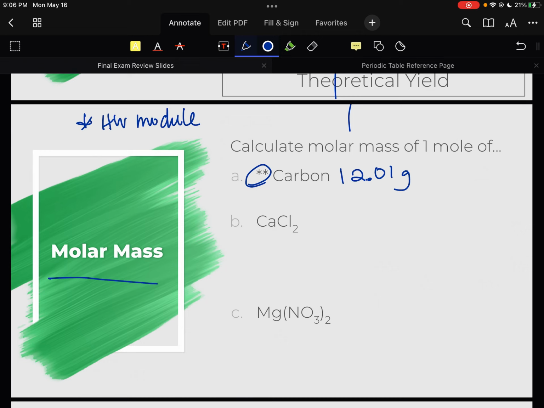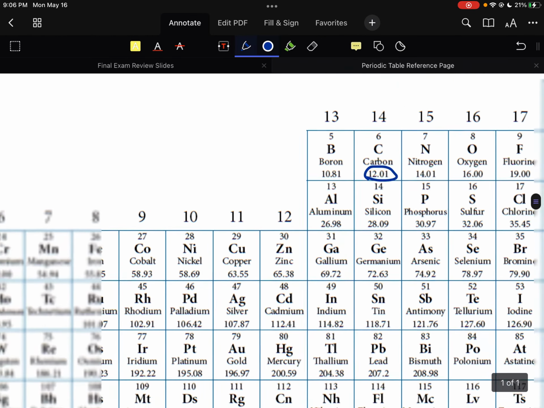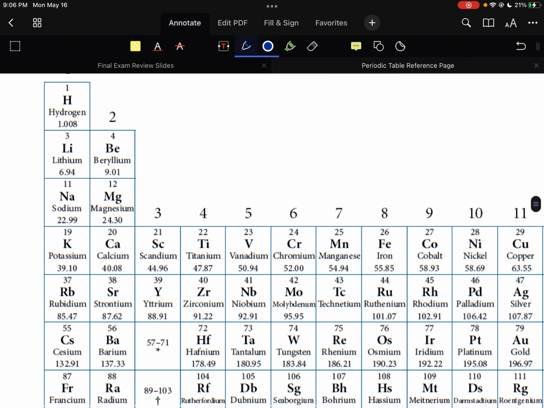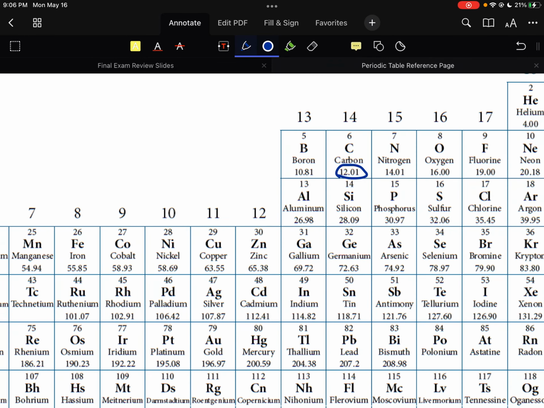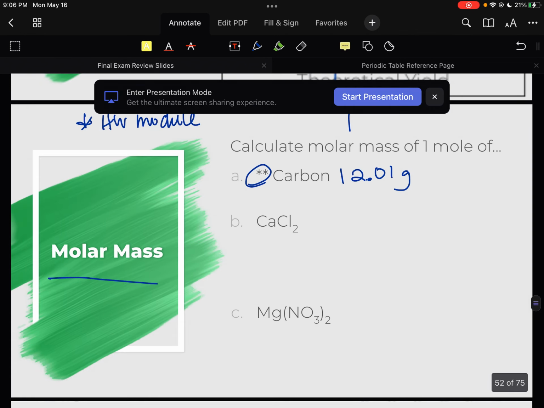For B, calcium chloride, I would just look at my periodic table. Calcium is right here, so it's 40.08, and then chlorine is right here, 35.45.